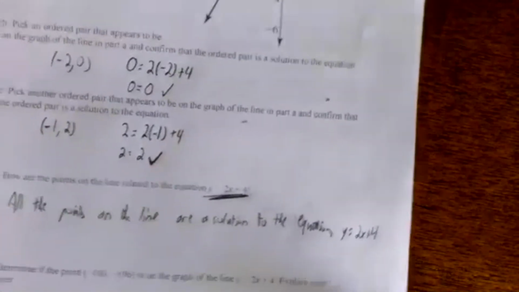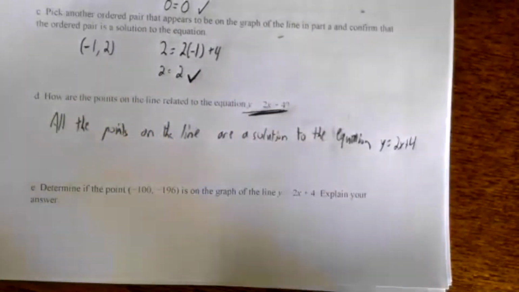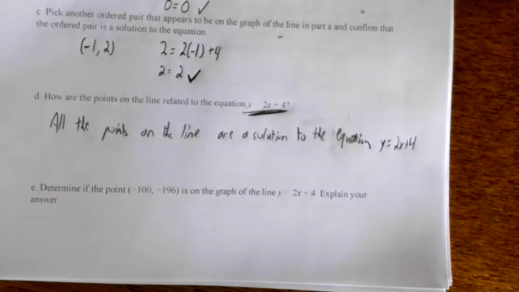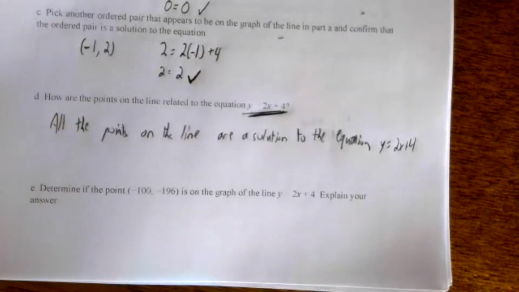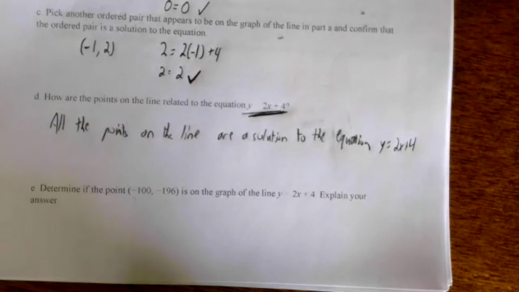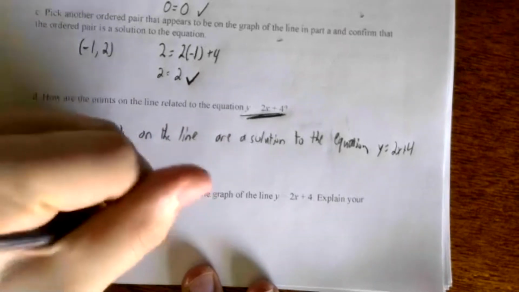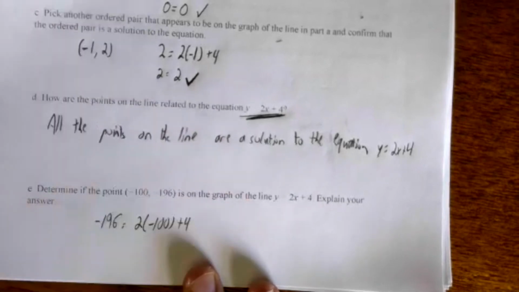So how can I determine if negative 100, negative 196 is on the graph of this line? So what can I do with that point to find out if it's a solution to this equation? Well, absolutely, just plug in the numbers. So I'm going to plug in negative 100 for x and a negative 196 for y, right? So I get negative 196 equals 2 multiplied by negative 100 plus 4, right?